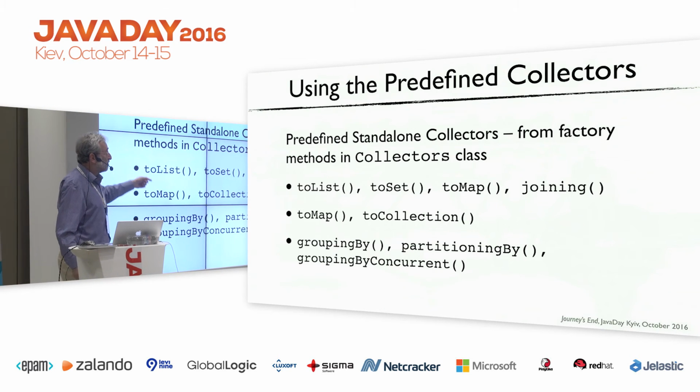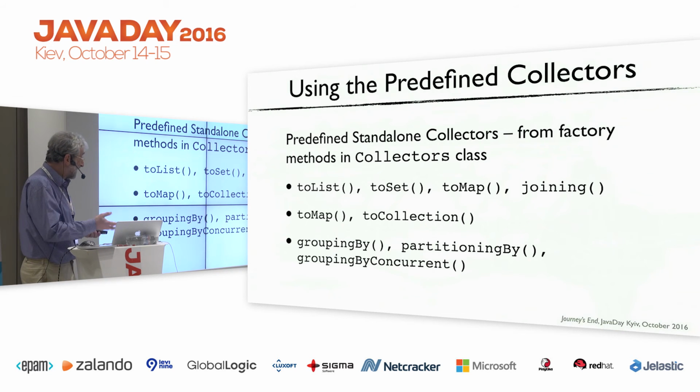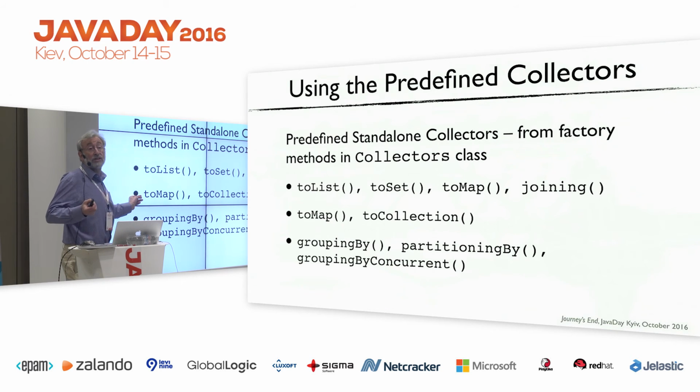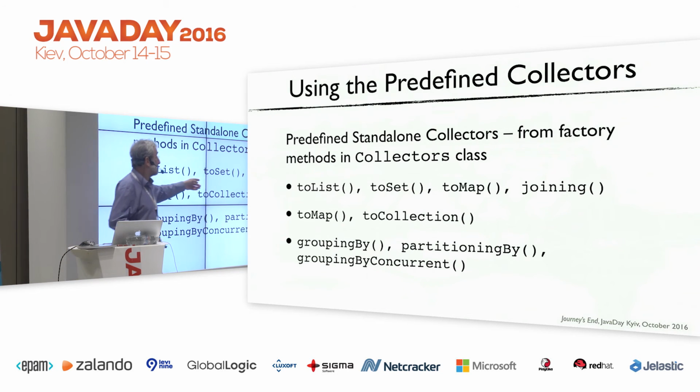But obviously the ones that are important are the ones that are collecting to collections. toMap and toCollection will allow you to supply your own collection to be collected to. These use very standard ones. This one collects to ArrayList. This one collects to HashSet.